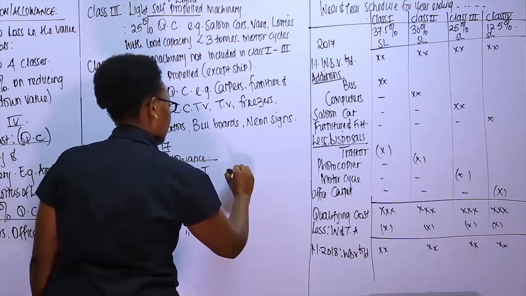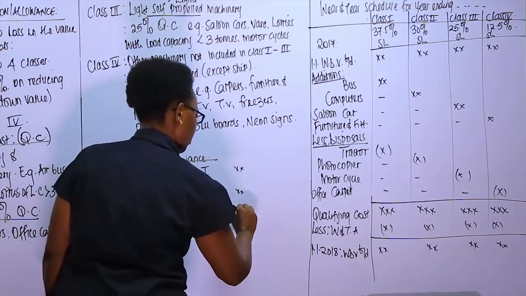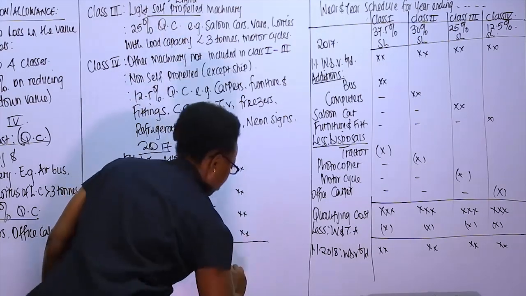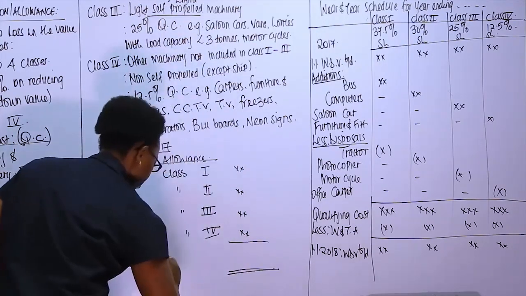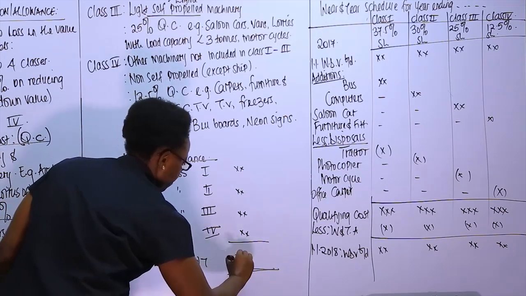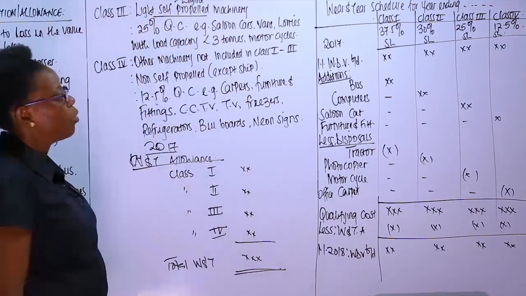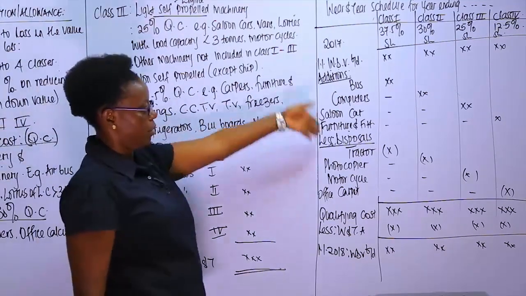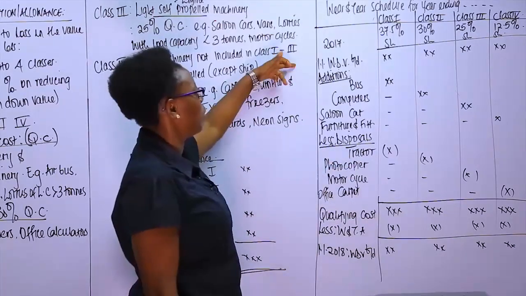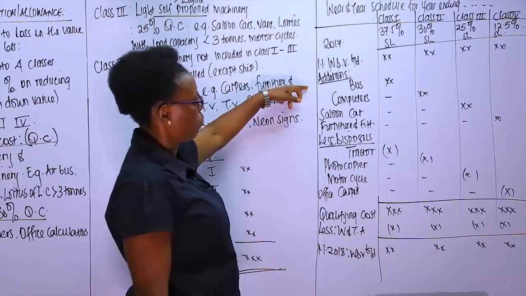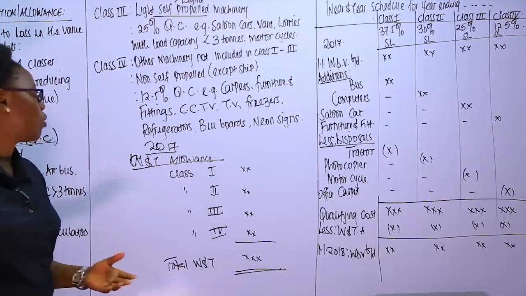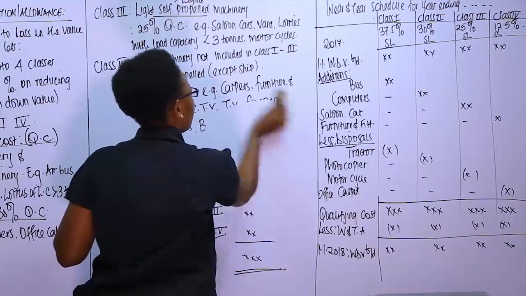For each of the classes, we have an amount. So this becomes our total wear and tear. We're going to discuss the format so that we know what to place where. So we'll look at what is written down value brought down, what is addition, what qualifies for disposal. So you're going to rub off this part.